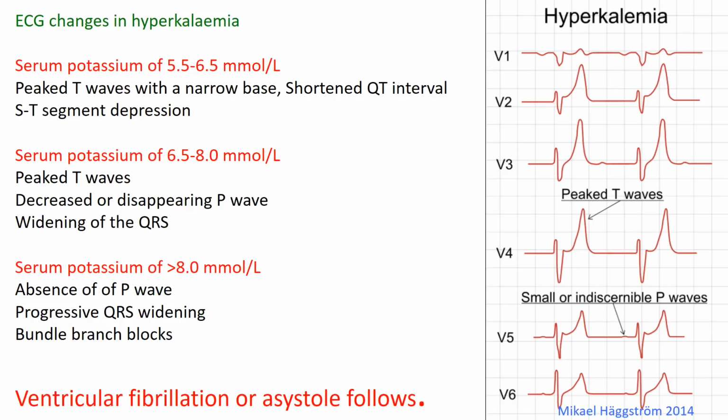But if not, and the serum potassium goes above 8, then the P waves are likely to disappear altogether. There's progressive widening of the QRS complex. There's various types of heart block, and the patient is at risk of ventricular fibrillation and asystole. So this is a life-threatening condition. But if we are monitoring the ECG, hopefully we can catch it at a much earlier stage.